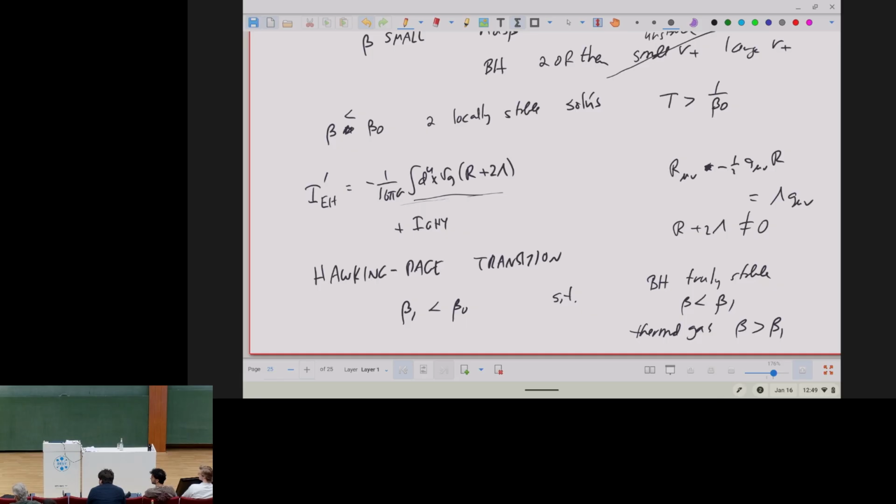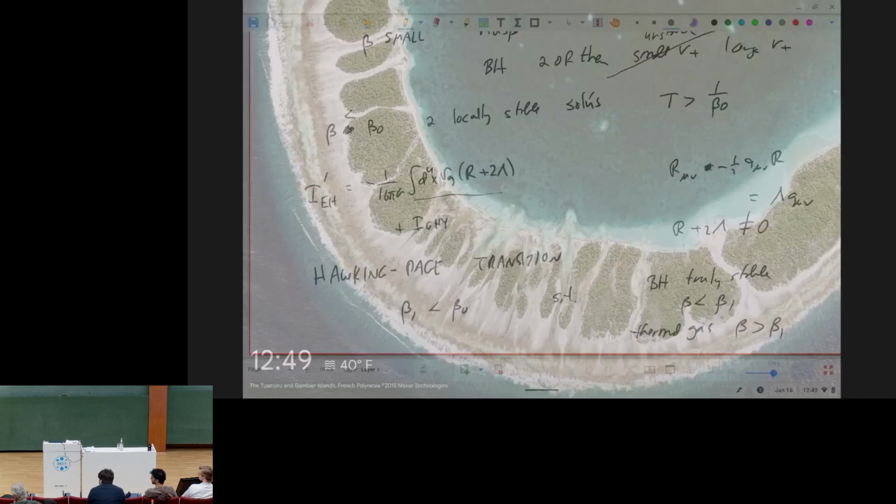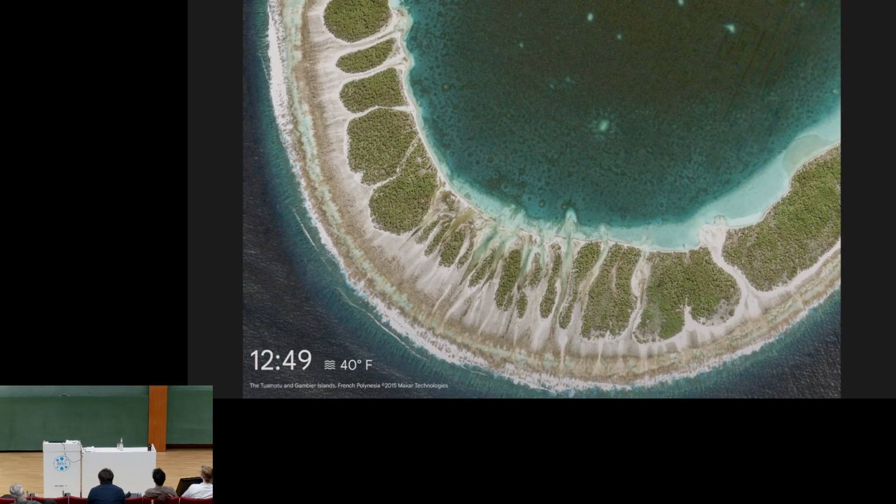If you wanted to simply make the metric smooth, a stupid thing to do is to throw away the horizon. Then it's smooth for any beta, but what's wrong with it is it isn't complete. The horizon is a finite distance away, so if you throw it away, you have a metric that's not complete. If you want the metric to be complete, you have to keep the horizon, but then to make it smooth, beta has to have the correct value.